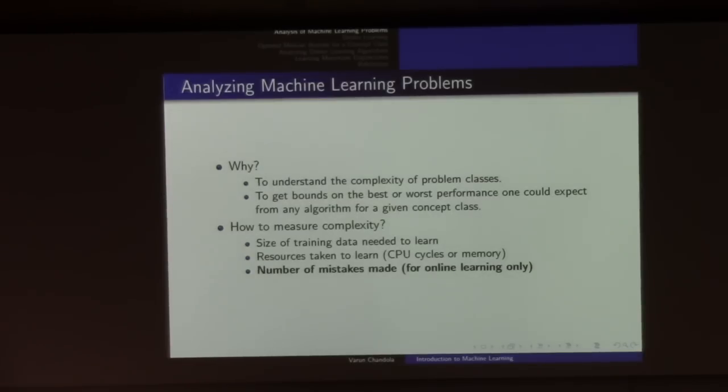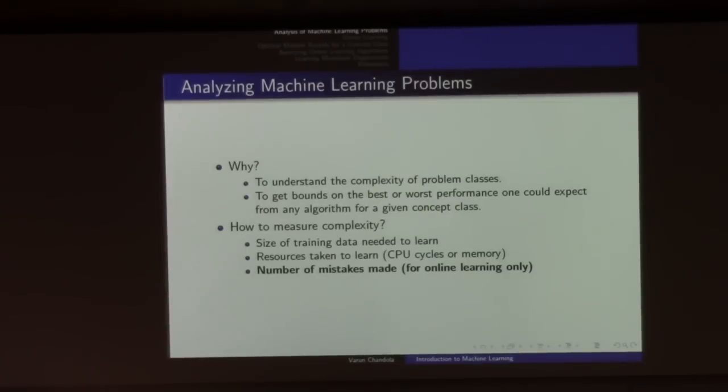So as I said, the reason we are doing this is to understand the complexity. We are trying to say, okay, this is a harder problem, this is a simpler problem, and so on. We have already done something like that earlier when we said that learning from a concept class which contains everything is more difficult than learning from a conjunctive class, because a conjunctive class is smaller than this big class, right?